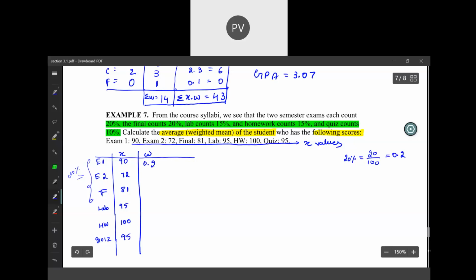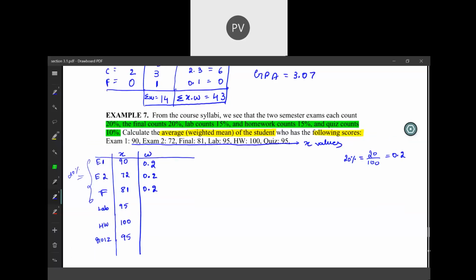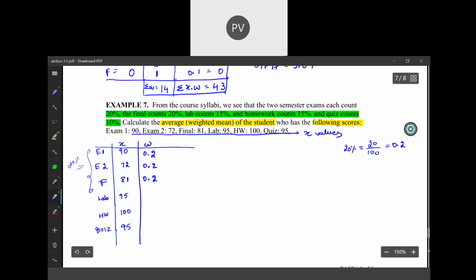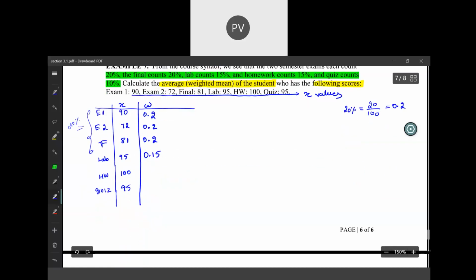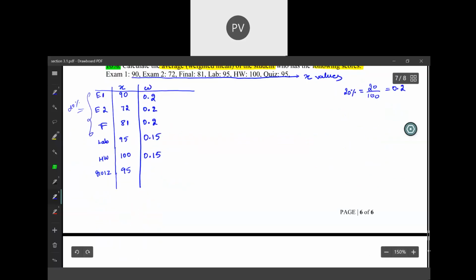It follows for all the exams, including the final, which is also 20%. The lab counts as 15%, which is 0.15. The homework counts as 15%, 0.15. Quiz counts as 10%, which is 0.10. These are the weights.